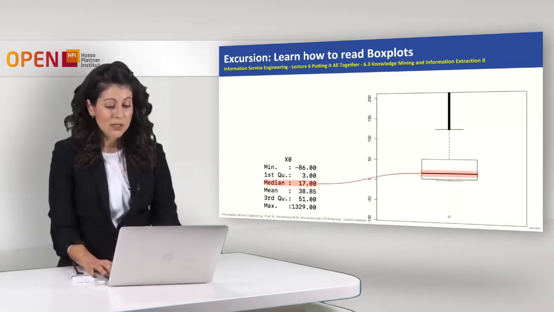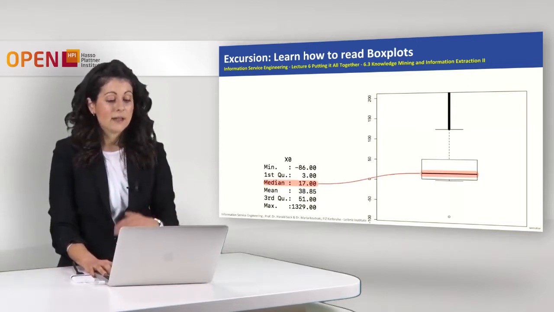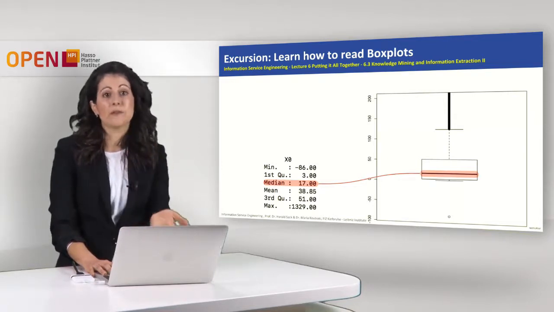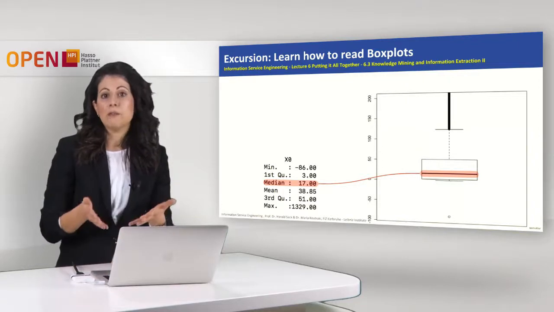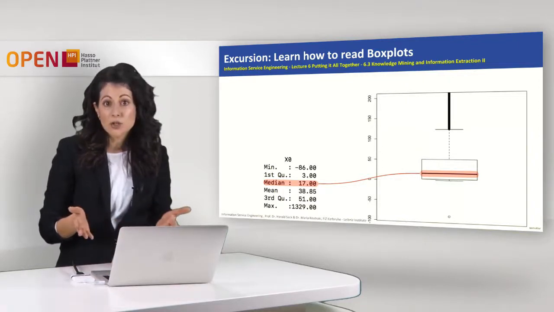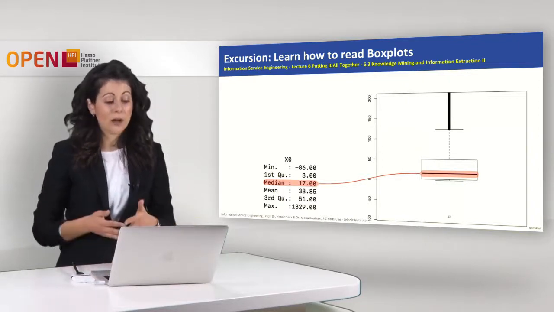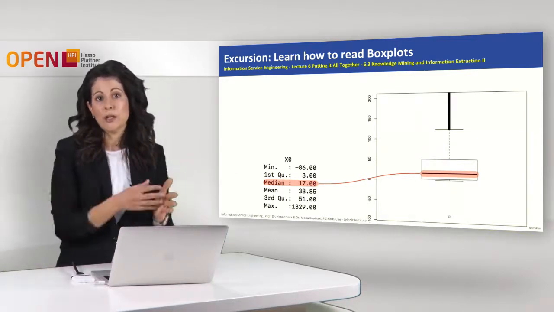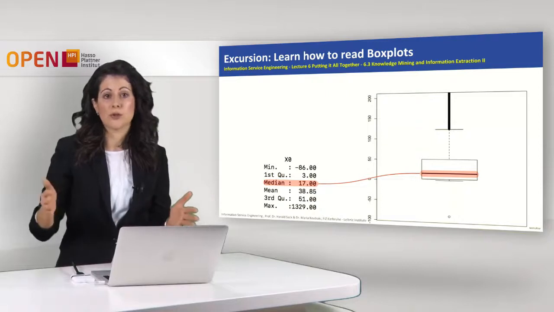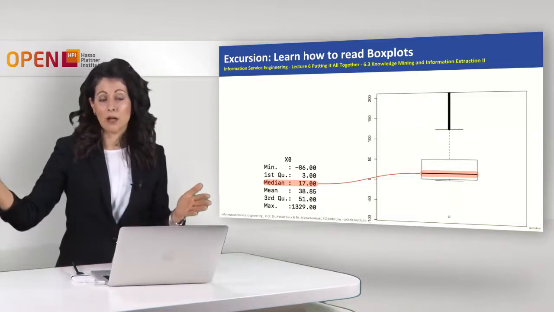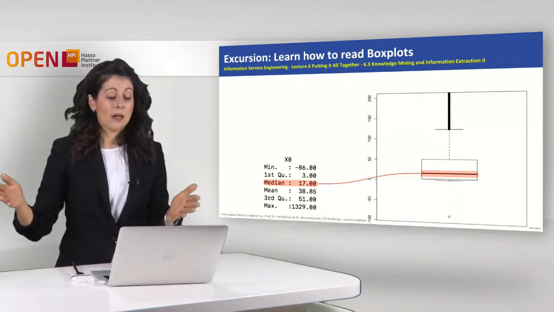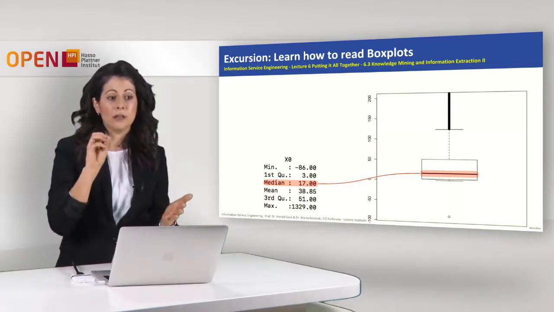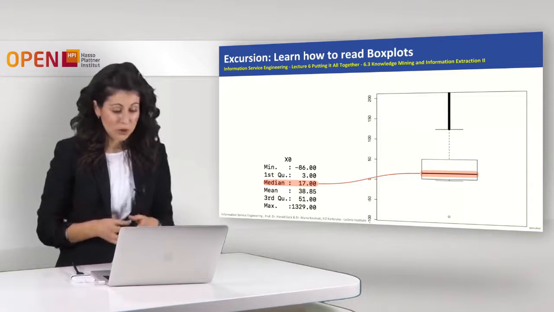Here, as you see, this line is the median value, which is different from the mean value. You know that the mean value is like the average of all values we have, while the median is the value in the middle position if we sort our values. So if we have 10 elements sorted, the median will be the value of the element in the 50th position.